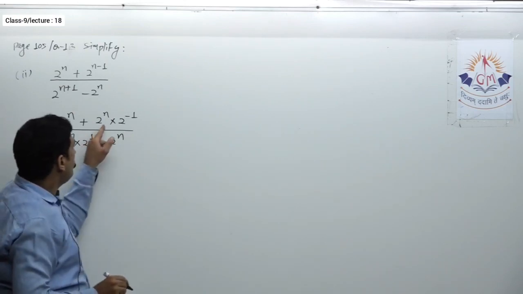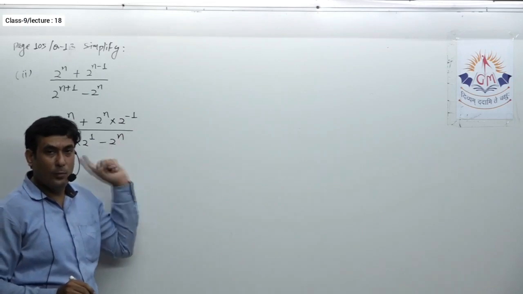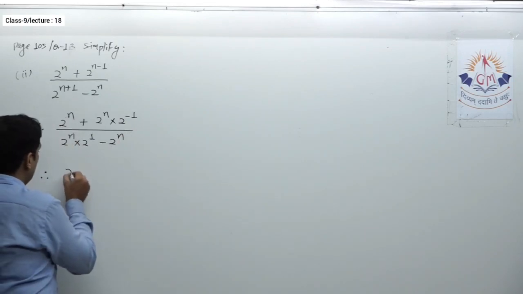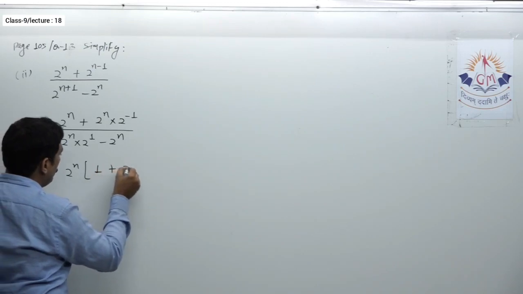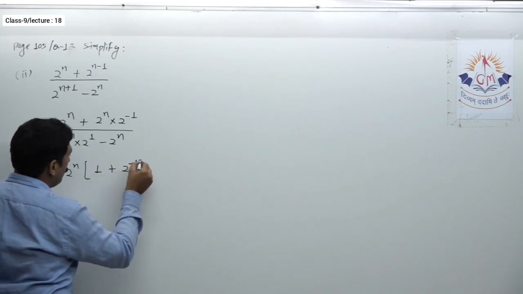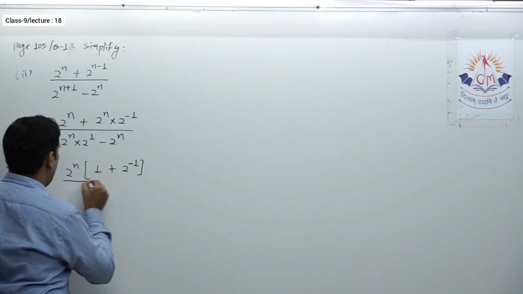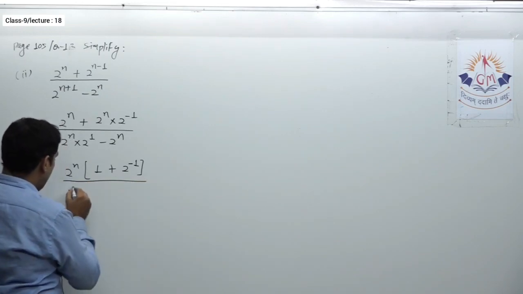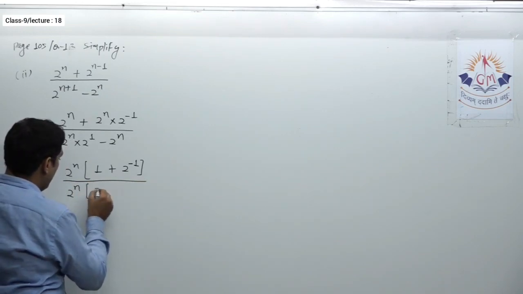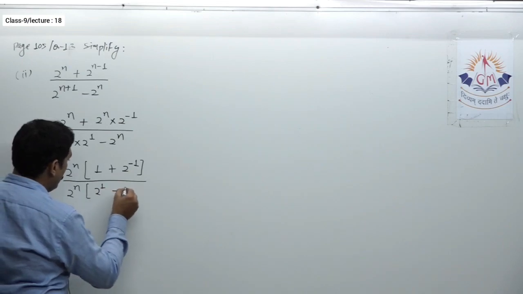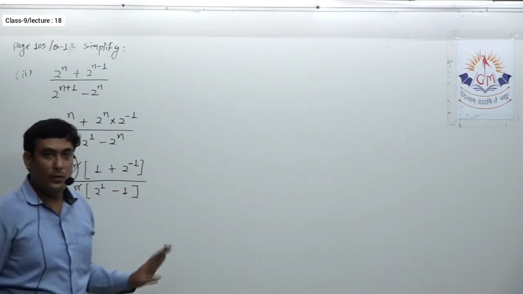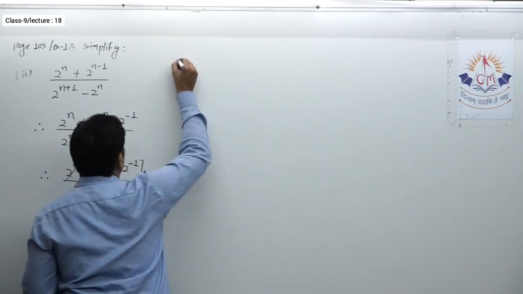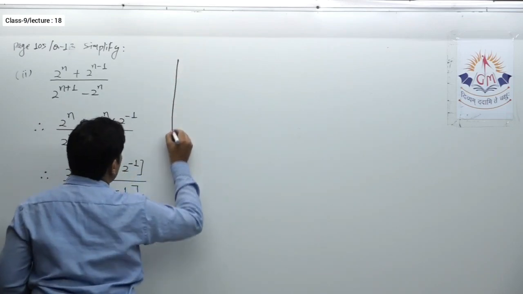Now 2 raised to n can be taken common from the numerator. If I take this common, I am left with 1 plus 2 raised to minus 1, divided by, again taking 2 raised to n common, 2 raised to 1 minus 1. Now this will cancel out. Whatever is left are the numbers only.